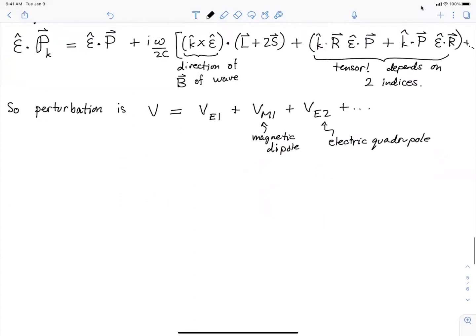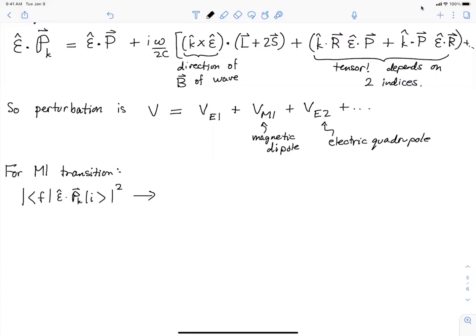Okay, and so when we do an M1 transition, what we're really doing is taking the matrix element that is supposed to go into the rate or the cross section that we found, squared.